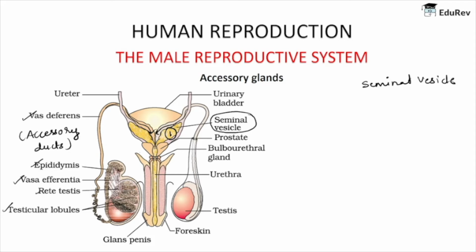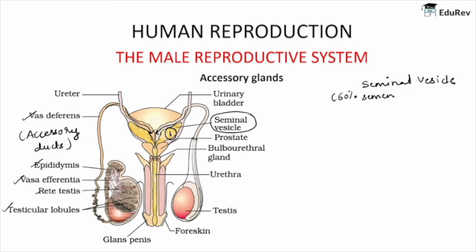Now coming to its function, it contributes around 60% of semen, that is the fluid for sperm. 60% semen. Yes, note it down, it is very, very important.